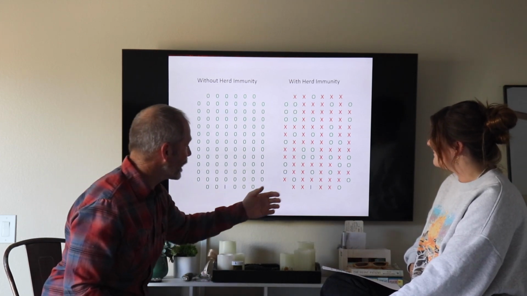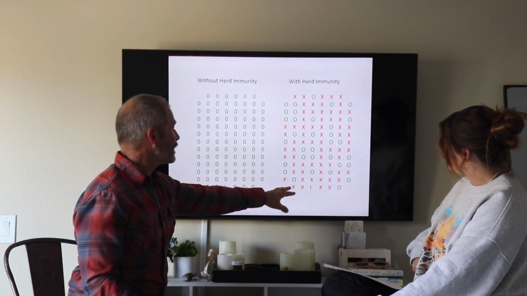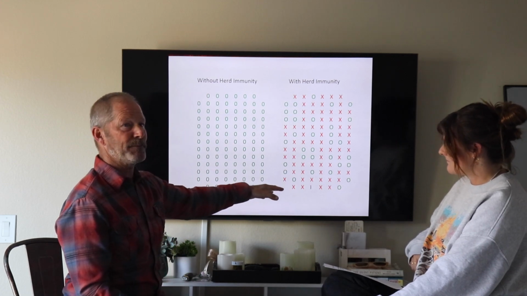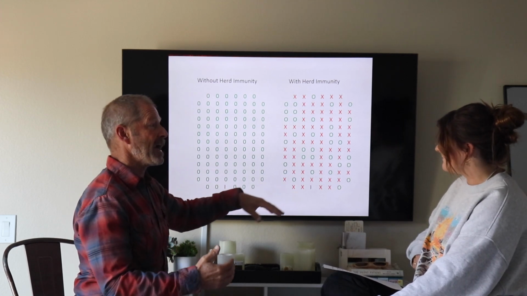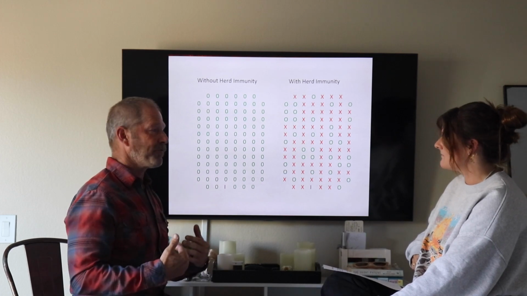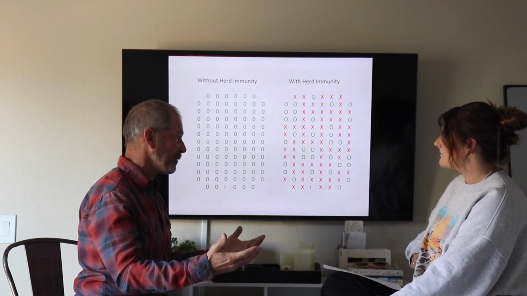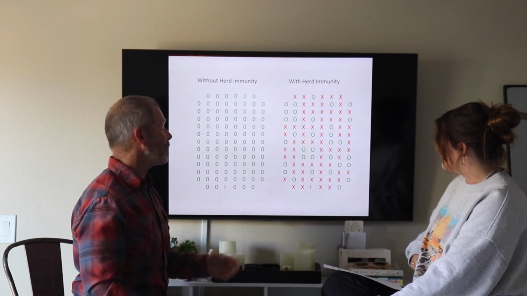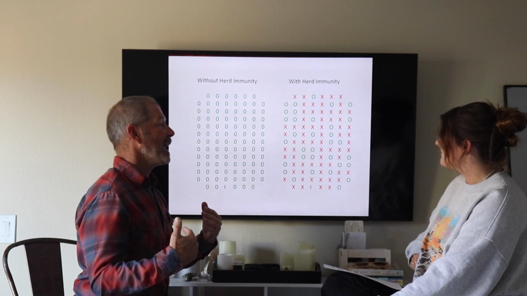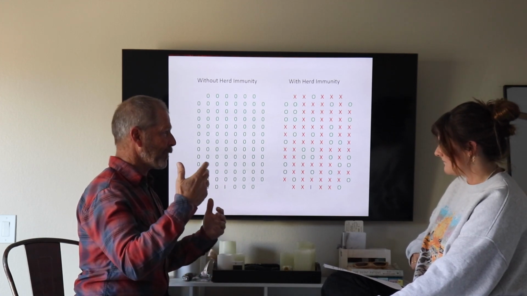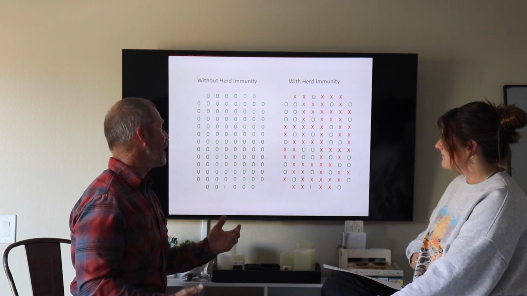Well, with herd immunity, all these X's represent somebody who has developed some sort of immunity. Either they have gotten sick and gotten well from it, so they've got a natural form of immunity, or they have gotten vaccinated, and so through artificial immunity, they've gained it.